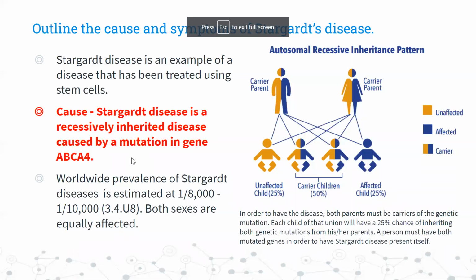Okay, here's your cause. They touched on the video saying that there was a genetic component to this disease. You may not know a lot about what this means yet because we're getting this in unit 16, I believe. We'll learn more about inheritance of disease patterns. But for now, we'll write down that it is a recessively inherited disease.